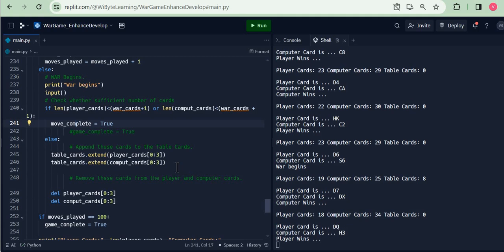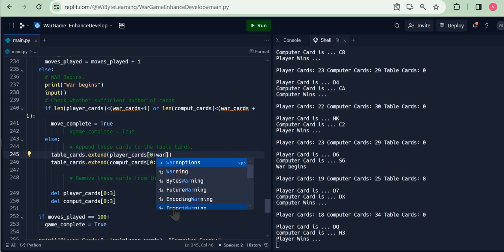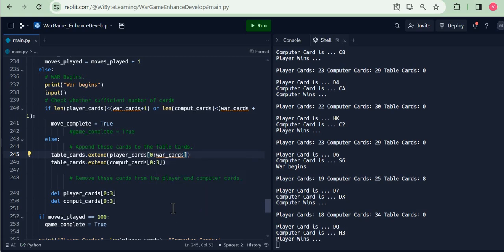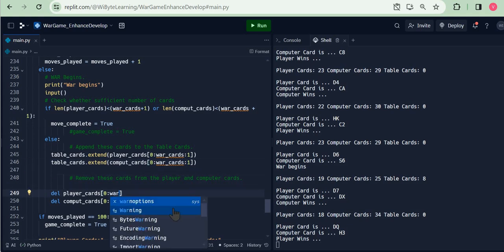On the other hand, if I do have that many cards, instead of saying put 3 cards, I'm going to put war cards, and of course I can be a bit more explicit here and say in steps of 1, and here again I say war cards in steps of 1. Having done this, I'm going to delete 0 until war cards from my player cards and the computer cards.